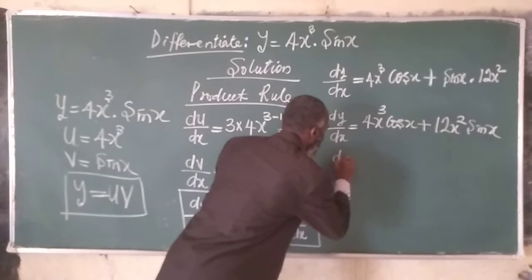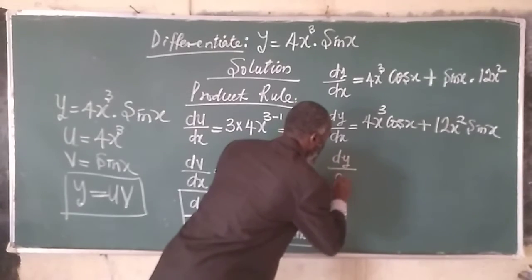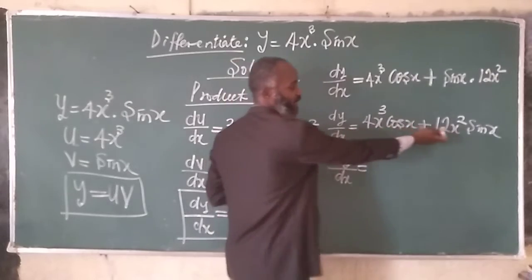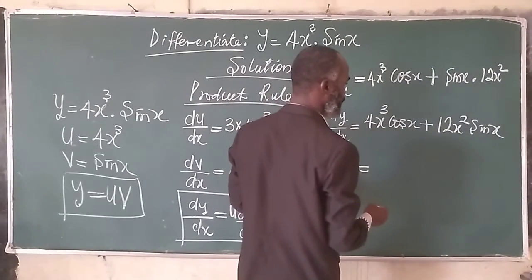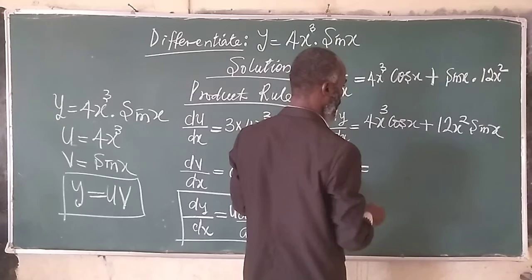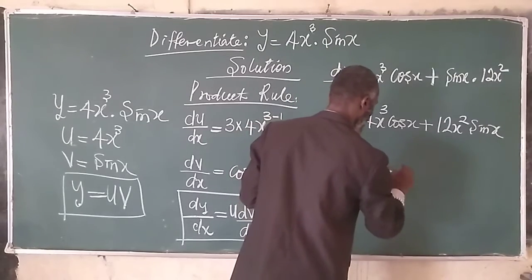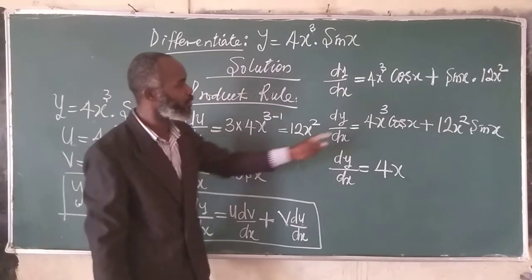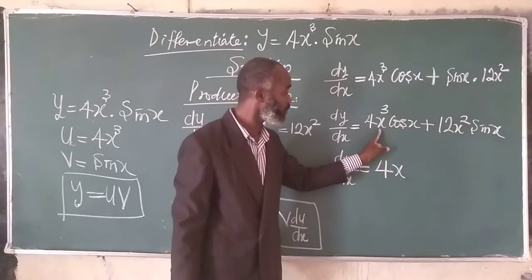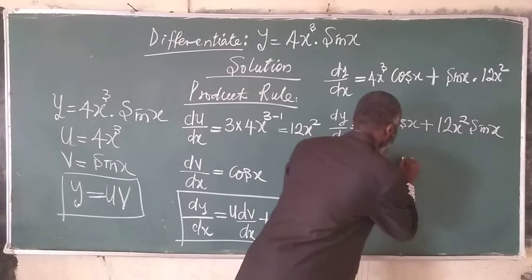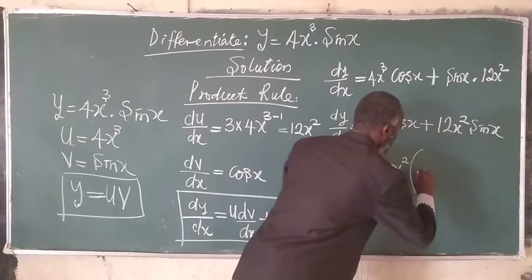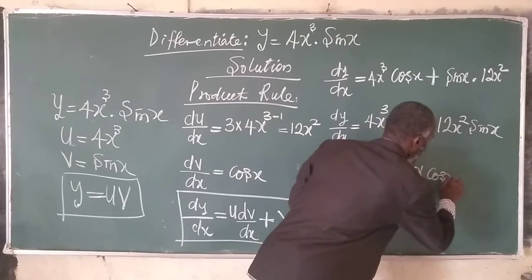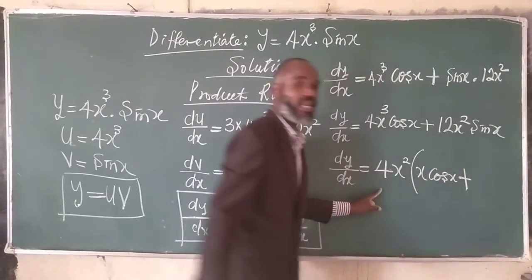Another thing we need to do is dy over dx is equal to, of course, we find that 4 can divide 12. So if we bring out 4 and x squared, how much x will come out? It's cubed here, so it becomes x squared, brackets, x cos x plus, so let's see what happens here.